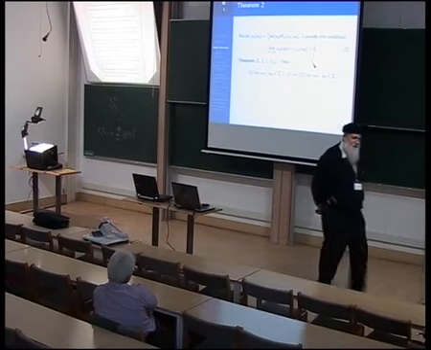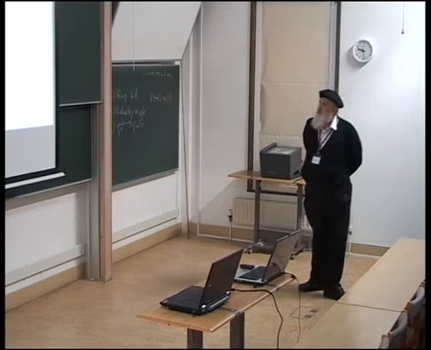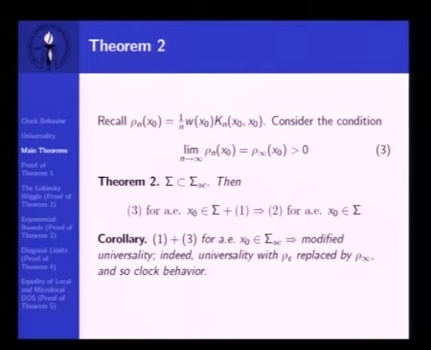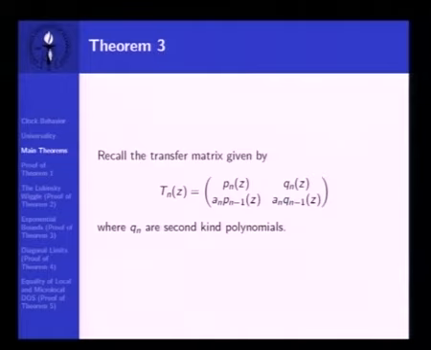But I think it must hold more generally. And the more general statement is that you really just need to control the existence of this limit. Obviously, as a corollary, if I have 1 and 3, then I have 1 and 2, and therefore I have not only modified universality, but universality, because the rho n are at least converging to this thing I called rho infinity. At least if rho infinity is the density of states or the equilibrium behavior, I get clock behavior. So that's the second theorem.